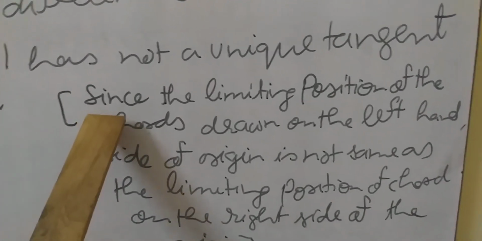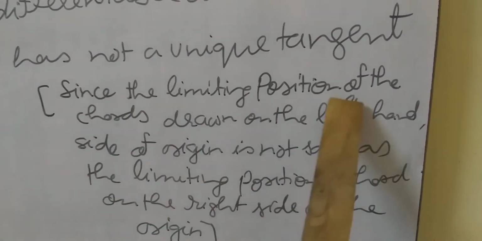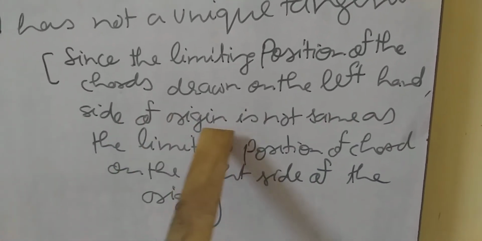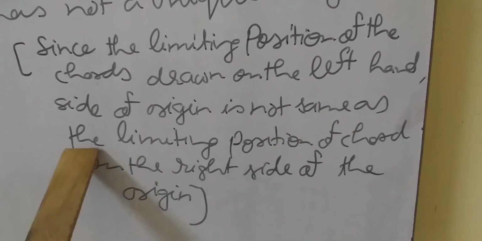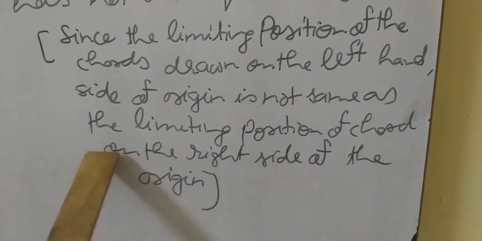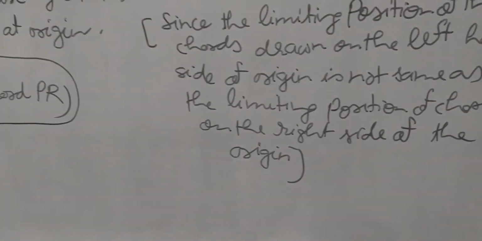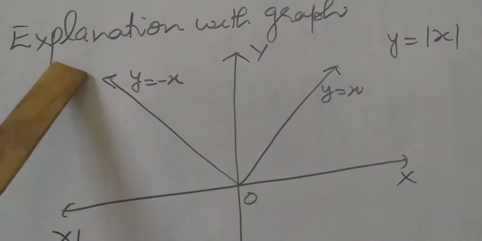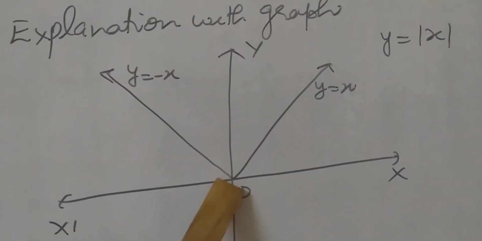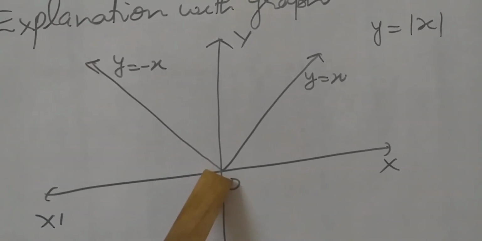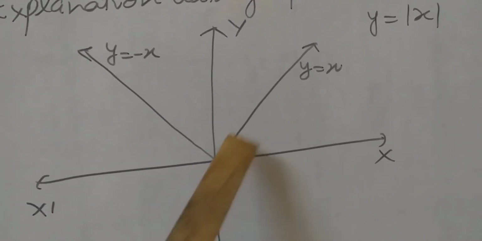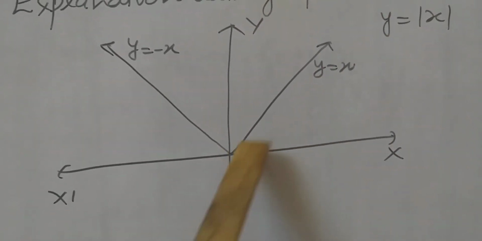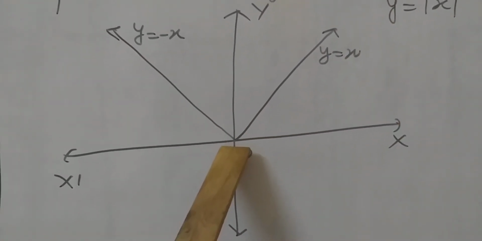In brackets I have mentioned here, since the limiting position of the chord drawn on the left hand side of the origin is not the same as the limiting position of the chord on the right hand side of the origin. Okay students, you can see here, if we find its tangent, the slope of the tangent is coming minus 1, and if we find the tangent at this part, we are getting 1.